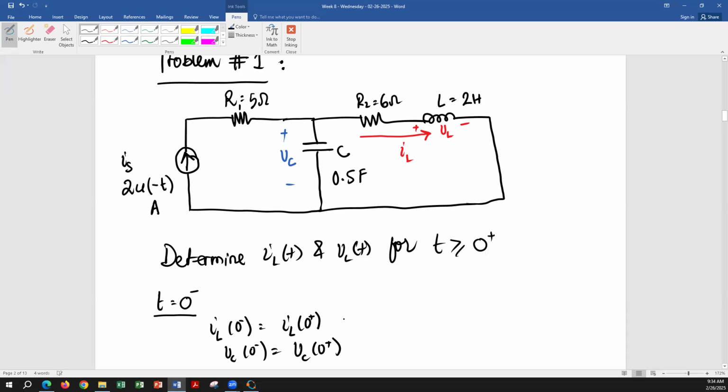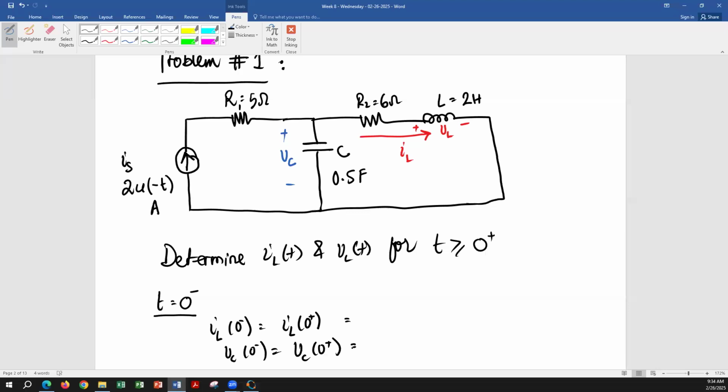So who is going to tell me now what will be IL(0 negative)? This should not take that long to determine.